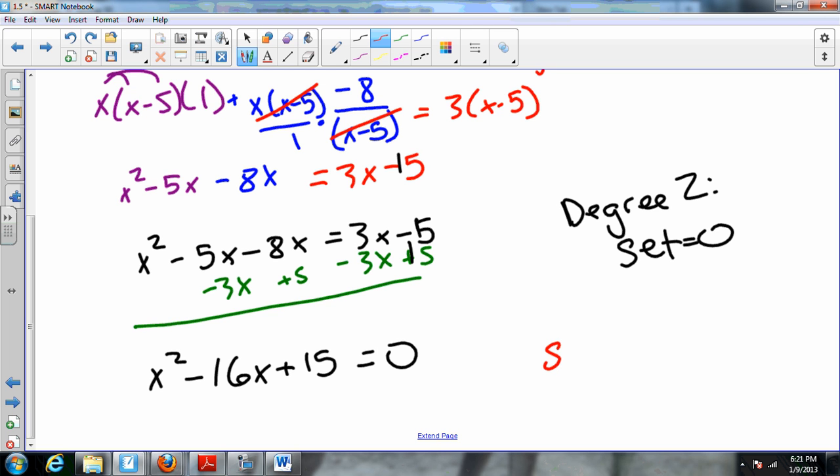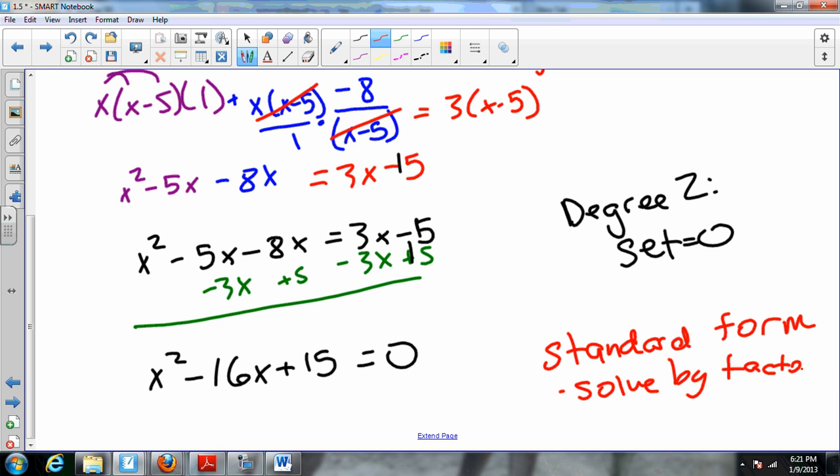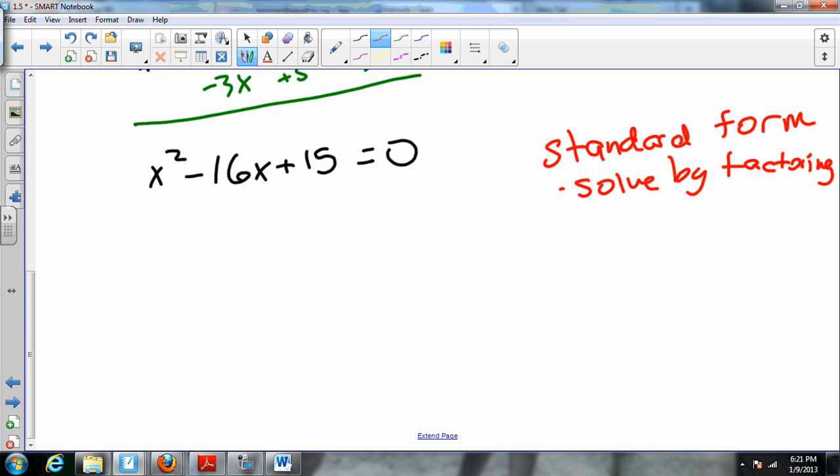We are now in standard form, and we need to solve. And on this one, we're going to solve by factoring. What multiplies to 15 that adds to negative 16?